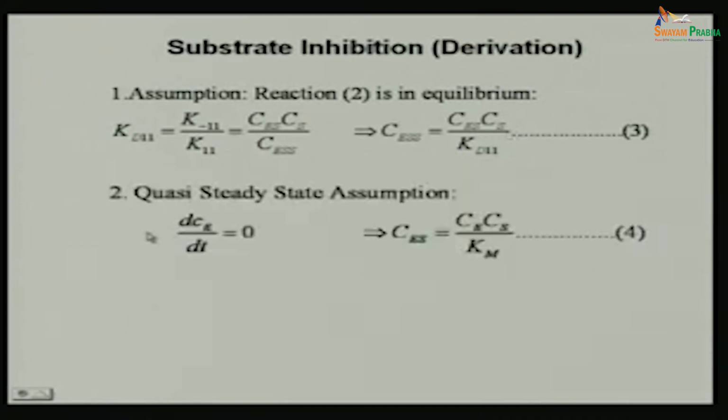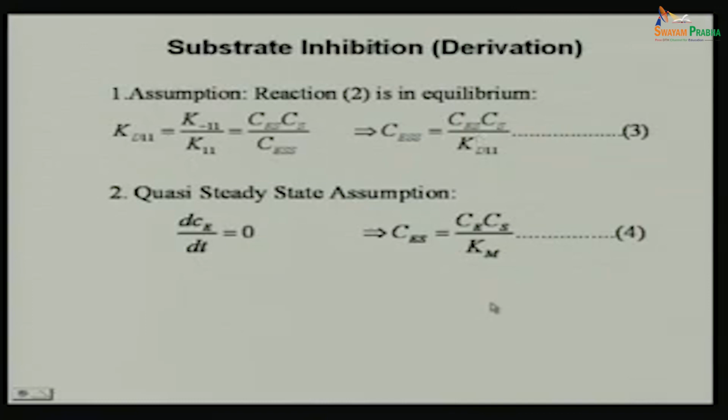Second is the quasi steady state assumption for C_ES. There's a typo here, it should be dC_ES/dt, not dC_E. dC_ES/dt equals 0, which gives you C_ES equals C_E times C_S over K_m. So now you can substitute equation 4 in equation 3, and write your C_ESS as C_E C_S squared over K_m K_D.